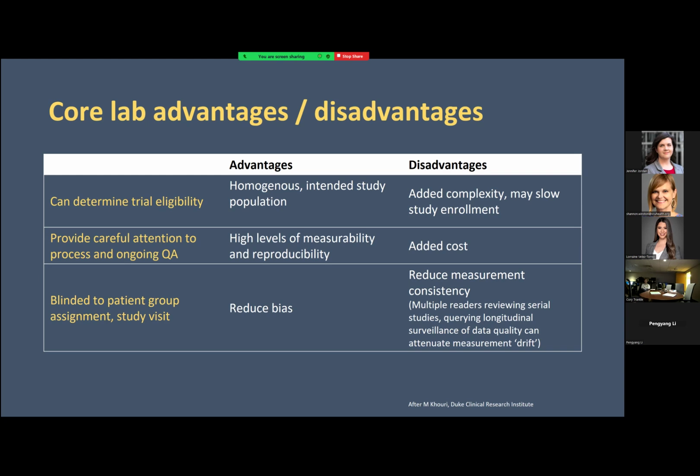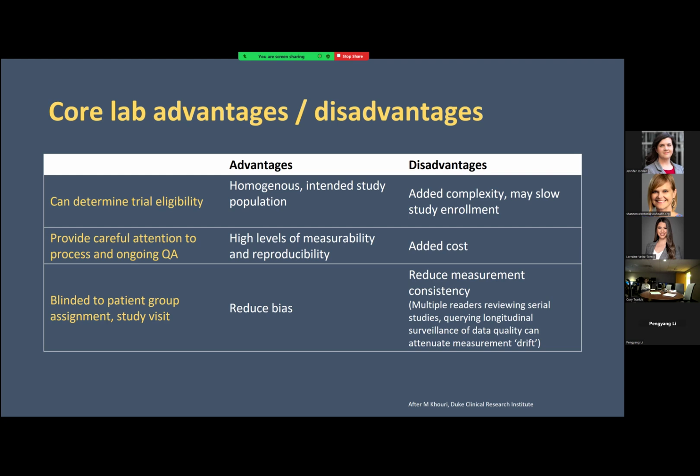Alternatively, we could do a paired read where we know this is the baseline for the patient, this is the 3-month. We want to make sure we're measuring apples to apples and same slices. Typically, our lab will do a full blind analysis, and then we will unblind to the pairing to make sure the same number of slices are analyzed.